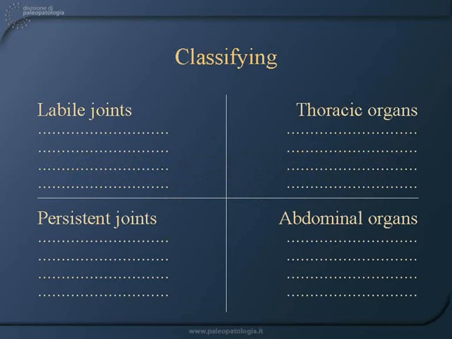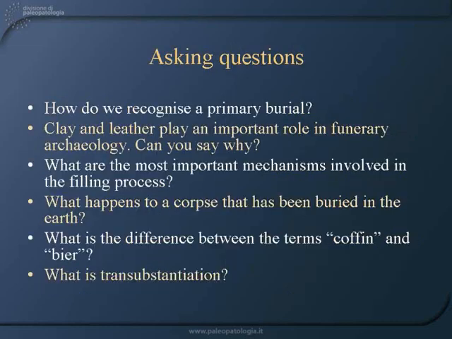After acquiring information about a particular subject area, the students consolidate such information by classifying, for example, the different types of joints, which can be labile or persistent or thoracic or abdominal.